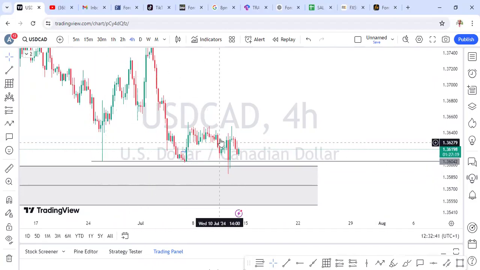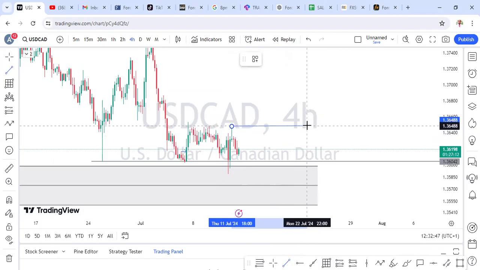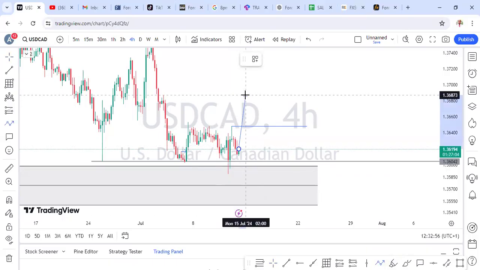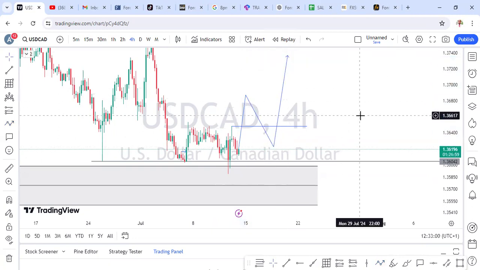We have equal lows, then this guy swept and rejected. What we need now is this high to be taken on 4 hours. I will only deal with this guy on 4 hours, not a smaller time frame. We need it to be taken there, then we can say, okay, we are going up.